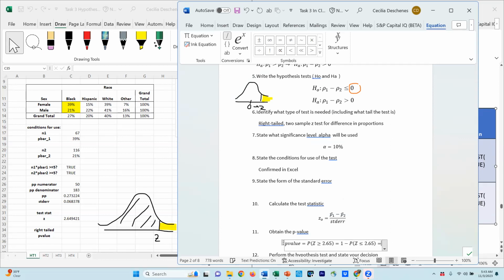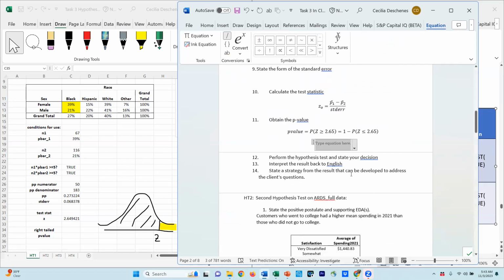And that's equal to 1 minus, and how do we get the area to the left? It's that function NORM.S.DIST for standard normal distribution. We put in the value on the axis, which is the 2.65, and we say true.